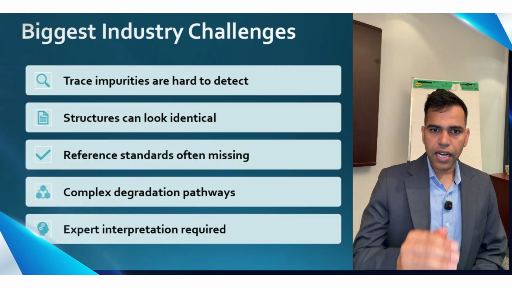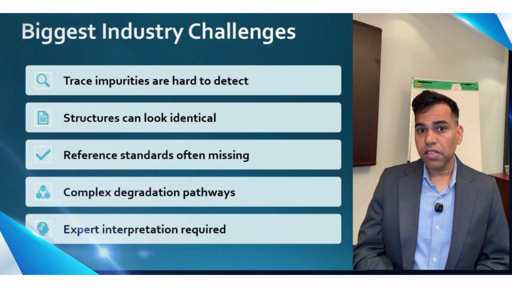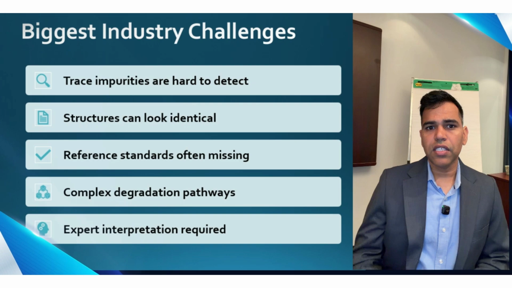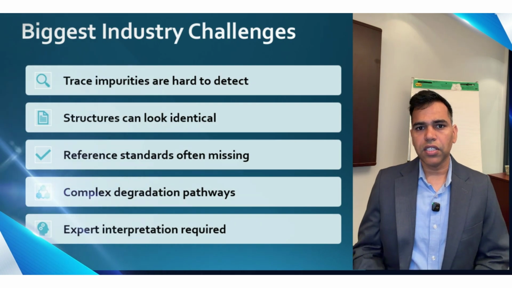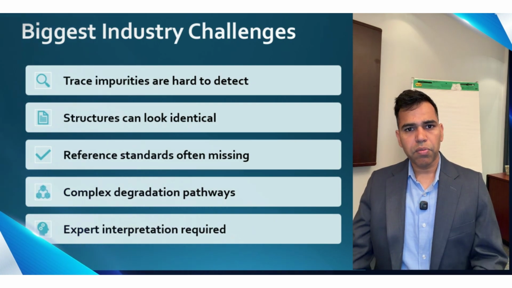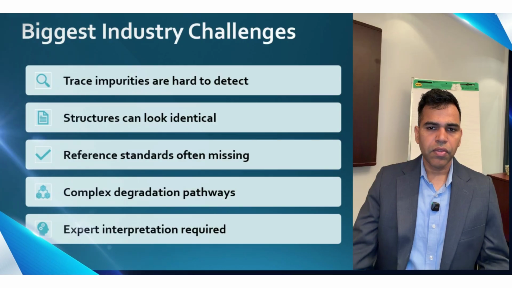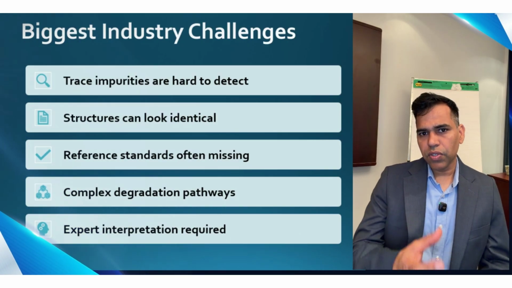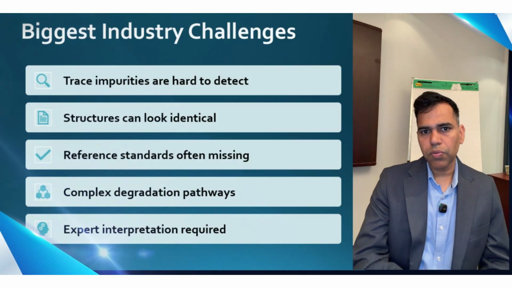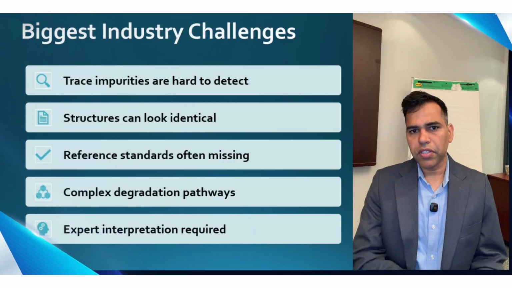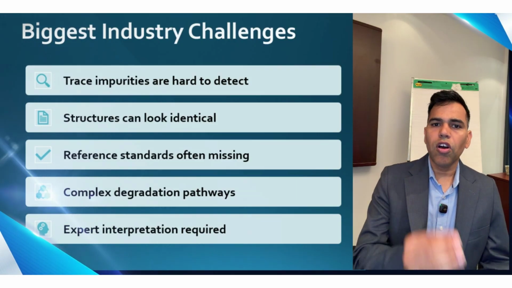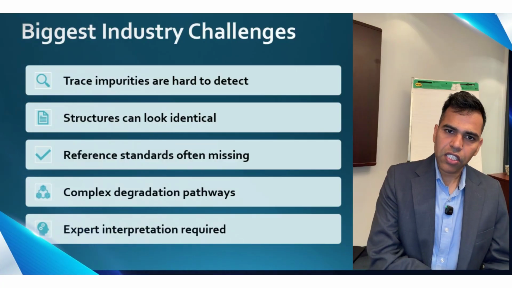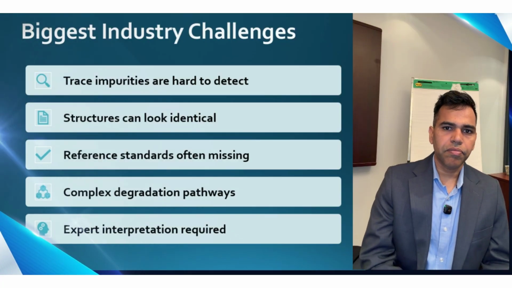Trace impurities at sub 1% levels require instrument sensitivity and method optimization that generic platforms cannot provide. Structural lookalike impurities with identical nominal mass but different regiochemistry cannot be resolved without MS fragmentation or NMR.